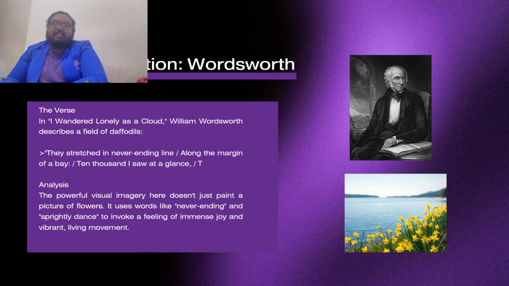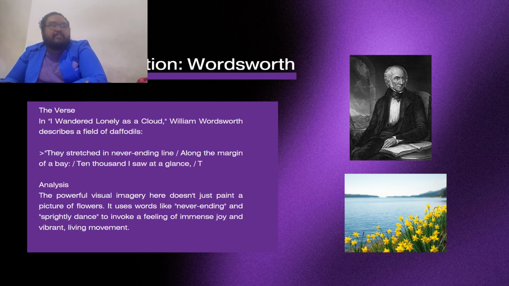Okay, imagery in action, Wordsworth. In I Wandered Lonely as a Cloud, William Wordsworth described a field of daffodils. They stretched in never-ending line along the margin of a bay, ten thousand I saw at a glance.